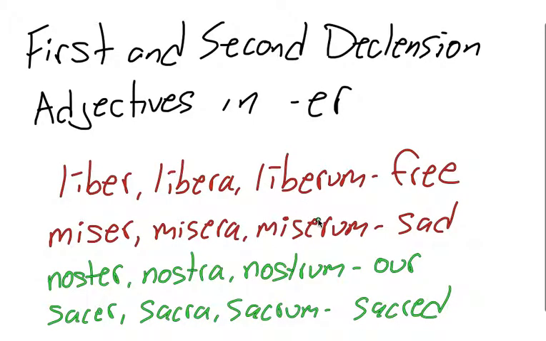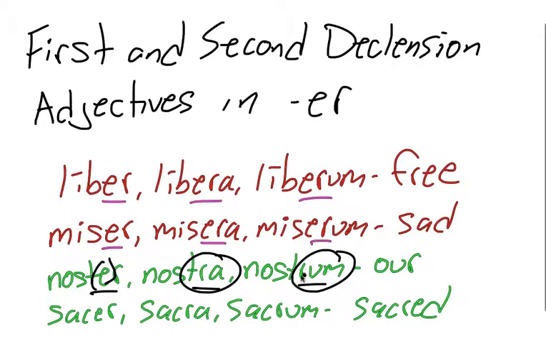There's really one important thing to notice about these adjectives, and that is whether the adjective keeps the E in its base or drops the E in its base. Liber, libera, liberum keeps the E. Miser, misera, miserum keeps the E. But noster drops the E out of its base in its feminine and neuter forms, and sacer does the same thing: sacer, sacra, sacrum.